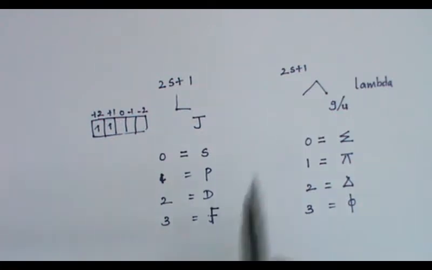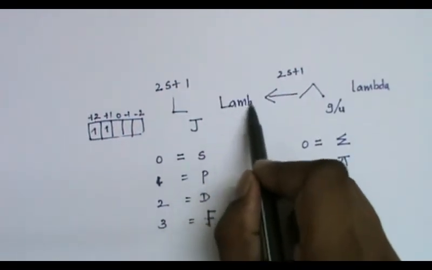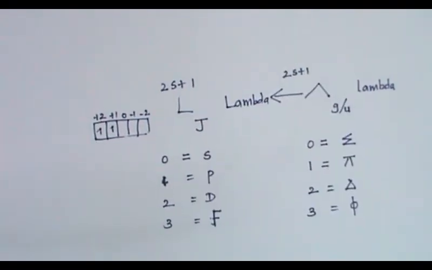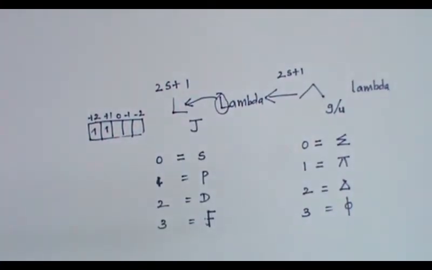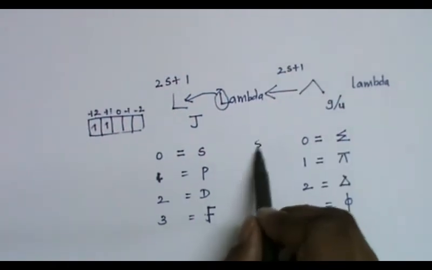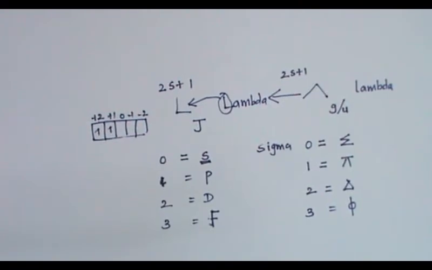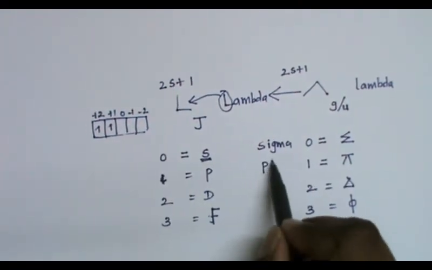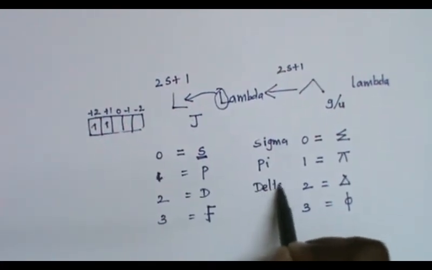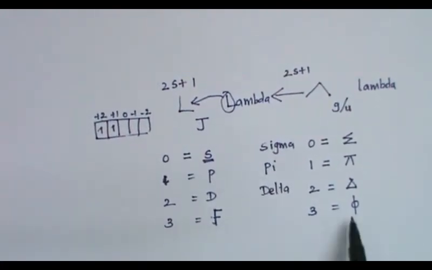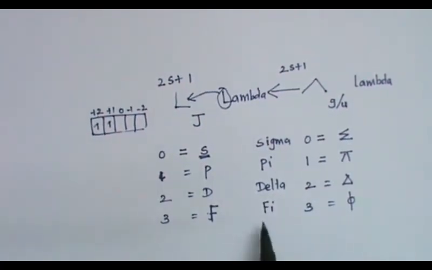That is nothing but the first letter. Here it is sigma, the first letter is S. This is pi, the first letter is P. Delta, the first letter is D. This one is phi. It is not pi, it is phi. The first letter is F.